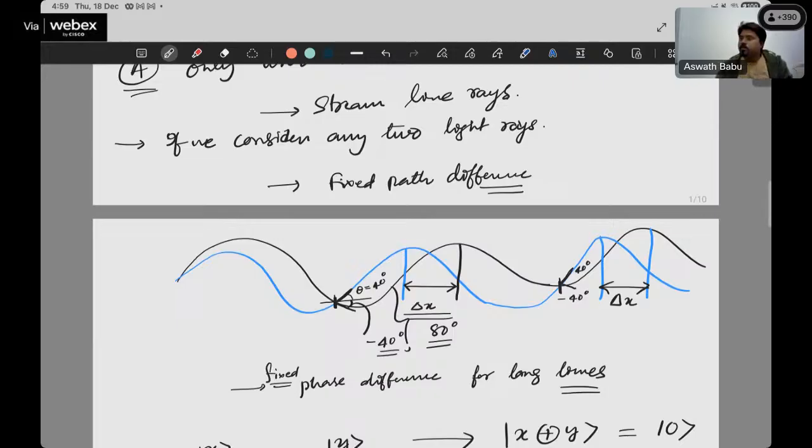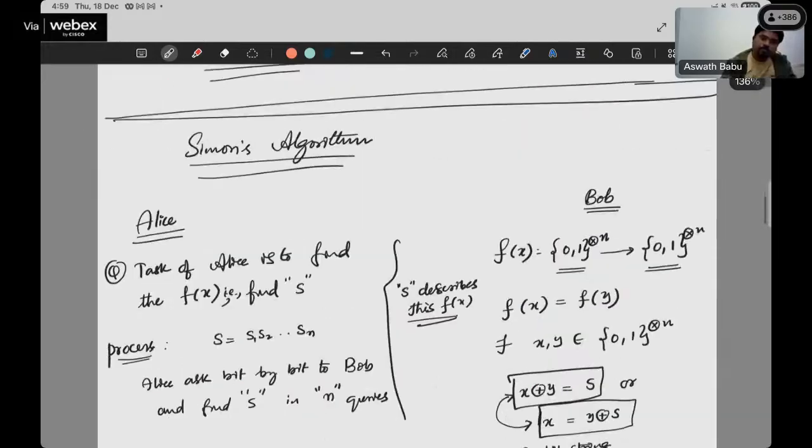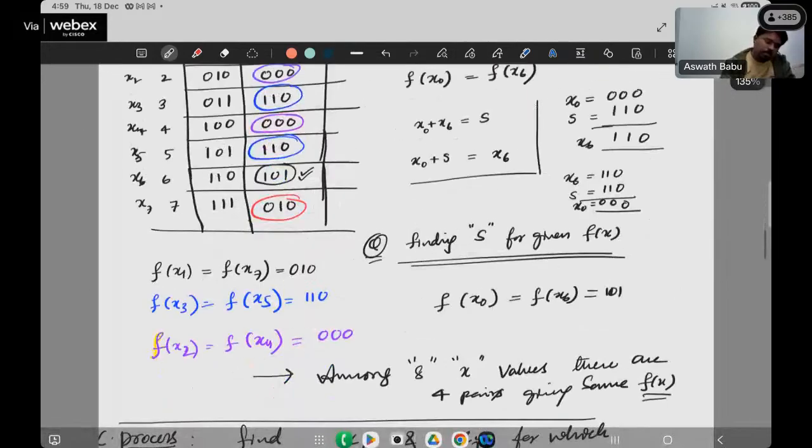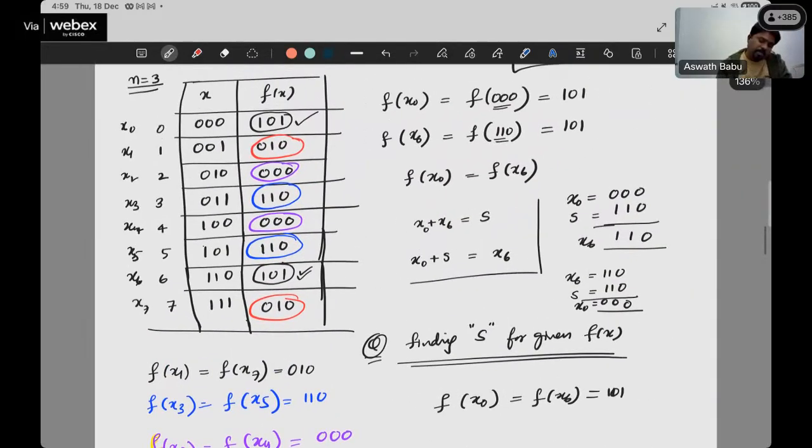Do I have some example in my notes somewhere? I don't have one. Okay, from here itself I think you can just take it.